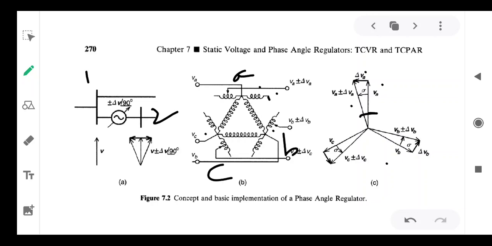Similarly, all three phases, A phase, B phase and C phase, will obtain the control over sigma as well as delta V. That means delta VA, if it is controlled in phase or phase opposition with the VA, then it is voltage regulator.